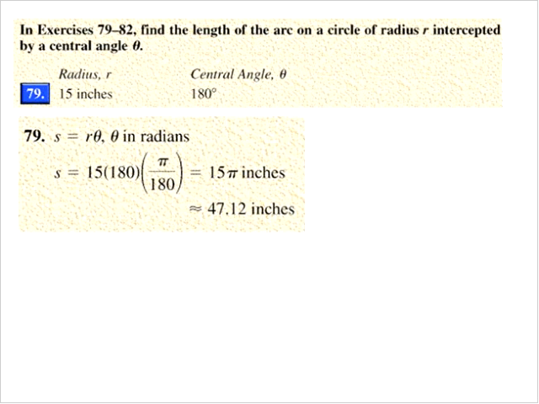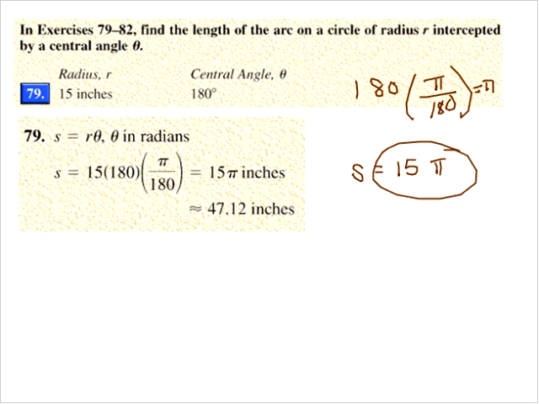So in order to convert that to radians, let's multiply by that pi over 180. When I do that, I notice I get just pi. So technically you can go 15 times pi to just get 15 pi. And if you want to change that to a decimal answer, you can. It would be 47.12 approximately.